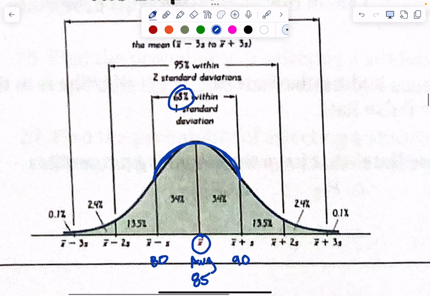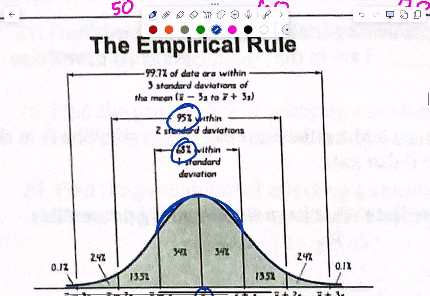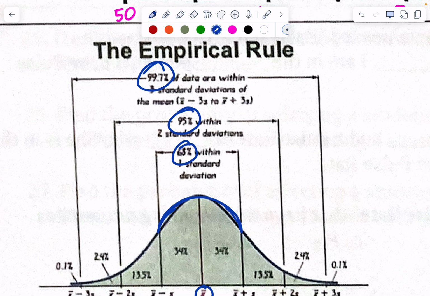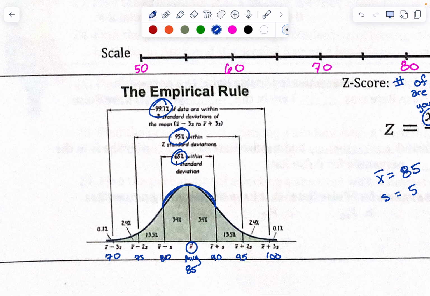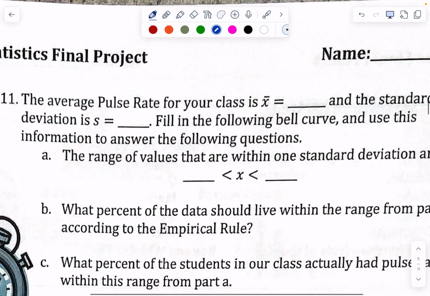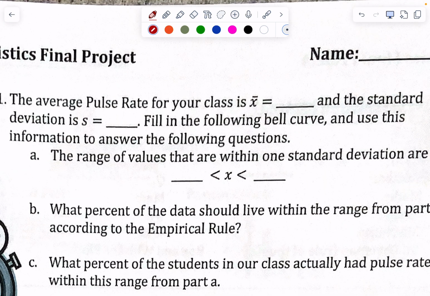What percent should have scored between a 75 and a 95? 95% between a 70 and a 100. 99.7, right? That's according to the empirical rule. It was an old dead guy that came up with this, who analyzed hundreds and hundreds and thousands of data sets, and just about most of them came out to be that way, right? 68, 95, 99.7, okay? All right, on the back page, we need to look at pulse rates.